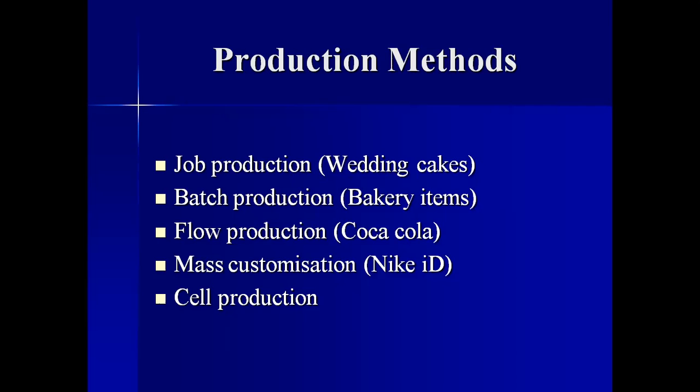So this is what cell production is all about. All those teams working at their assigned task are called cells, because in each cell one identifiable part of the whole product is produced, and later on those parts are assembled to complete the product so that it can be converted into a finished product.